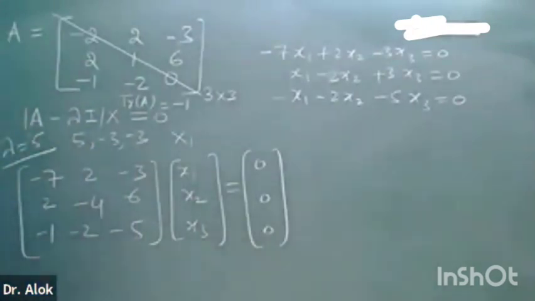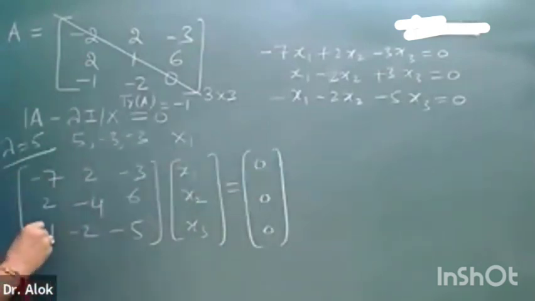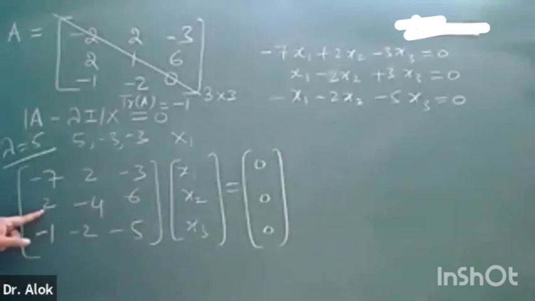So please see, we can solve this by making elementary row transformations. Like the first transformation, you just reduce this, multiply by minus, then divide this by 2, then subtract. We can do all that, but let us solve it quickly.